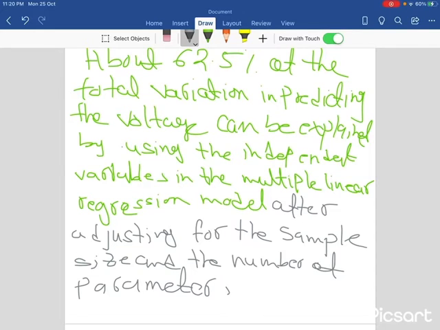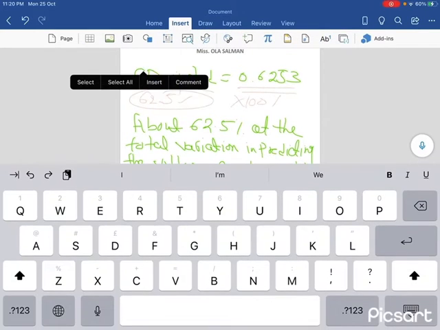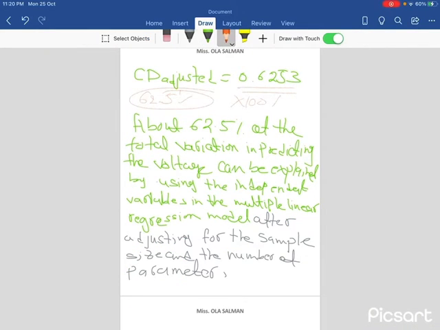So this will be the interpretation for the adjusted. Okay, so from here you write about 62.5 of the total variation of predicting the voltage.